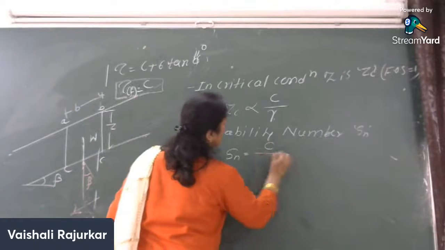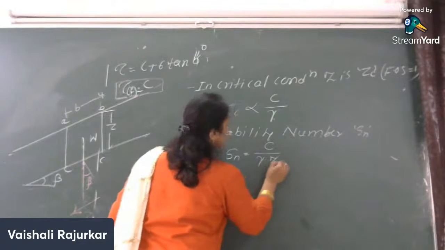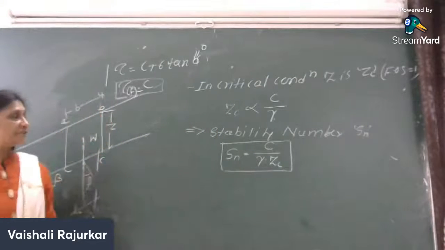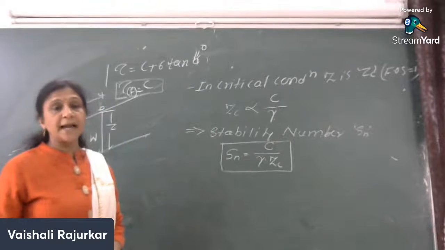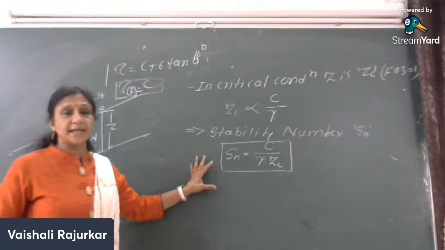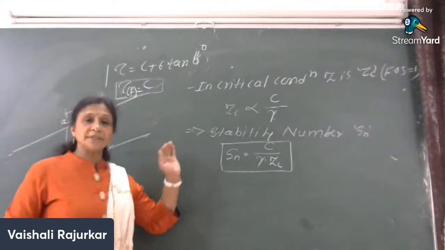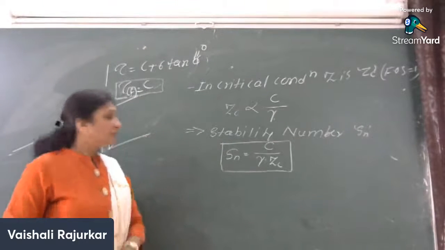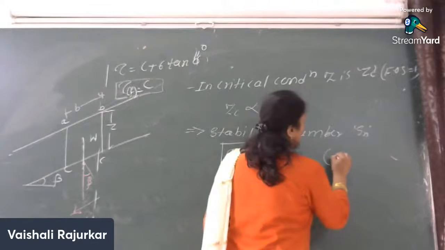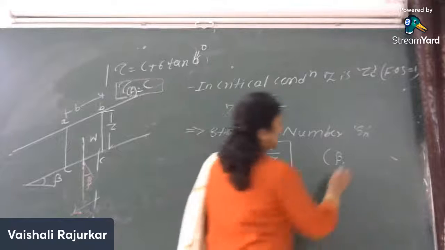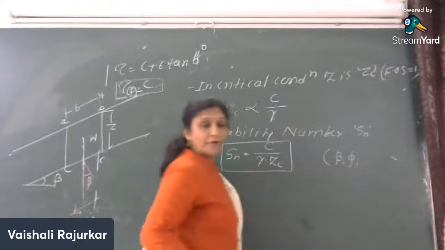This is called the stability number, and it can be determined from the graph called the Taylor stability graph, where the value of beta, the angle of inclination, and the angle phi are considered.